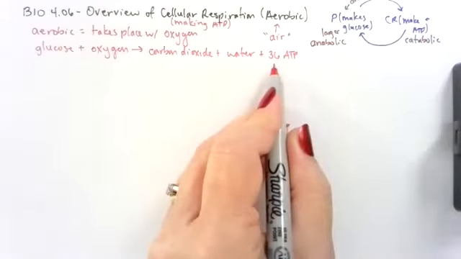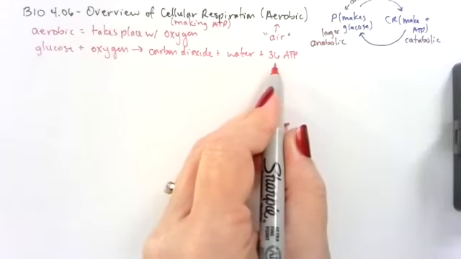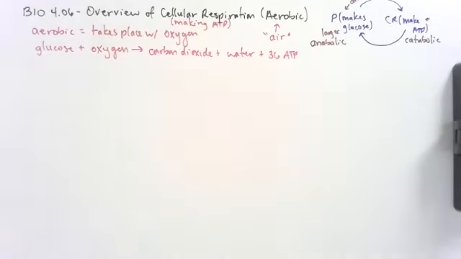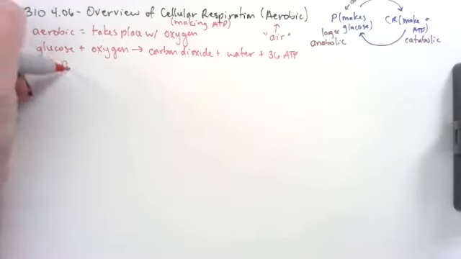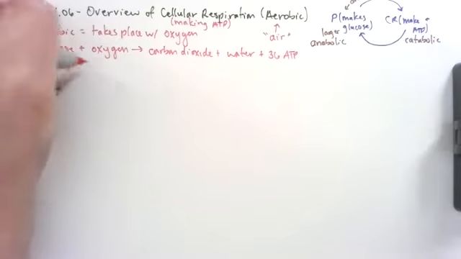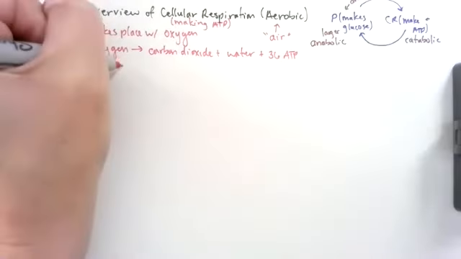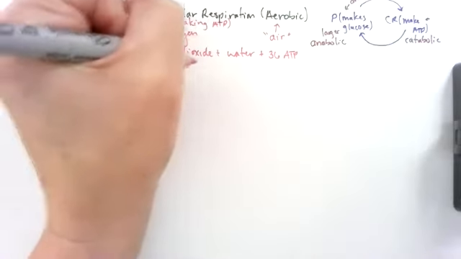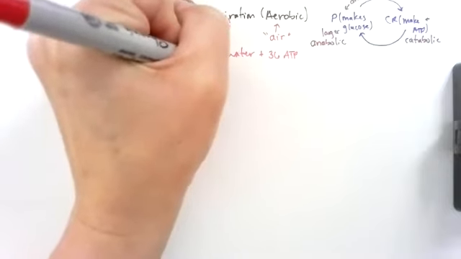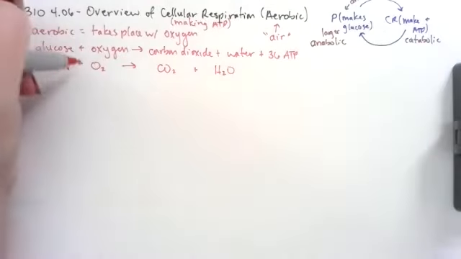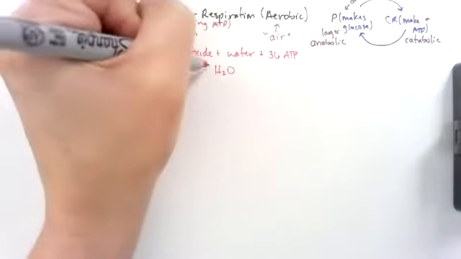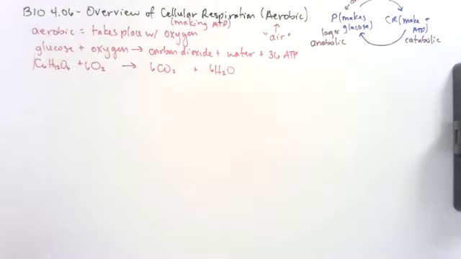Now, you'll see different numbers for this, because it depends if you're talking about net ATP, gross ATP, or all ATP. So we just use the number 36. We write this as C6H12O6, which is glucose. Oxygen is written as O2. Carbon dioxide is CO2. Water is H2O. And if we want to balance it, we'd have to put sixes in front. So you should know this both ways.